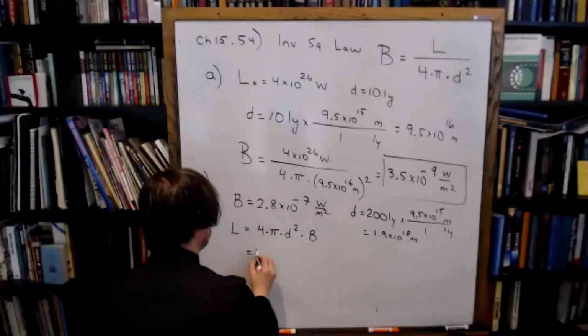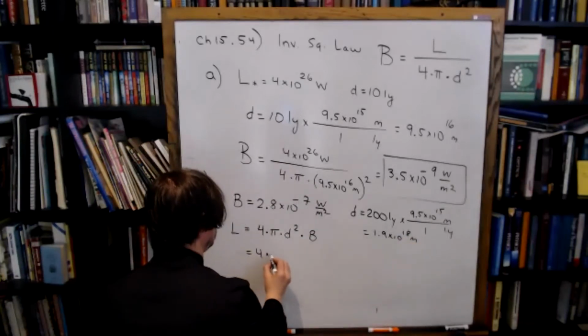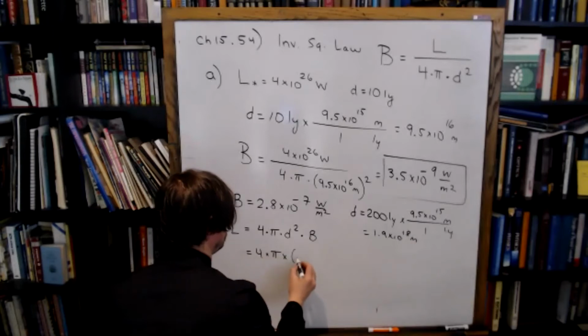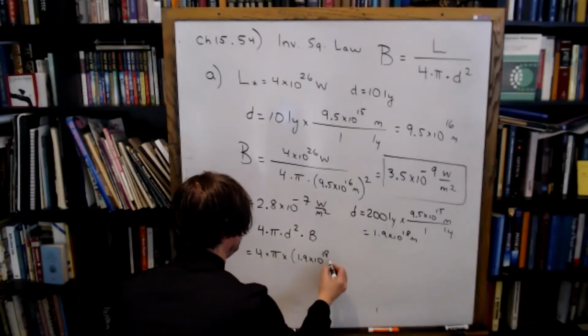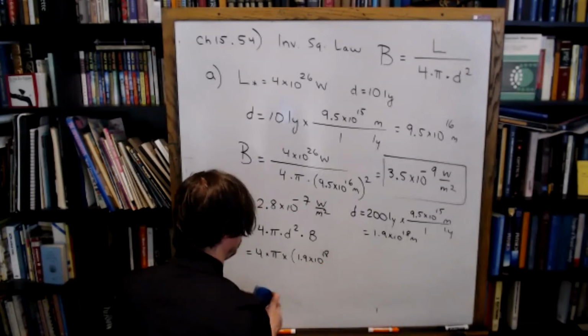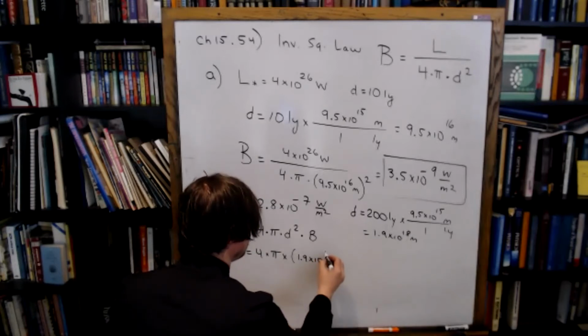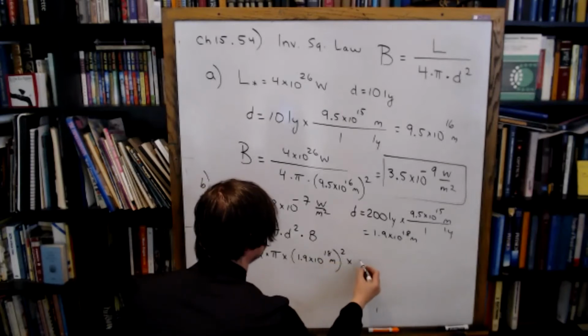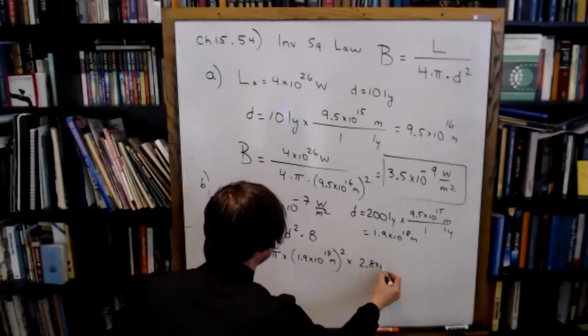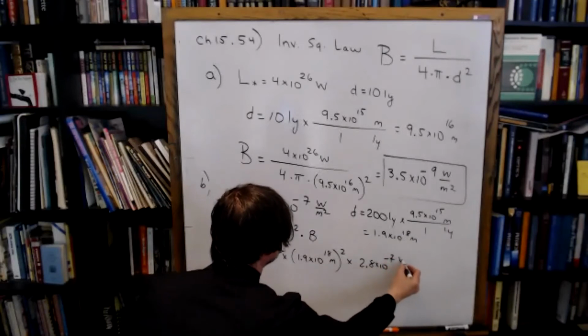So 4 times pi times 1.9 times 10 to the 18 meters squared times 2.8 times 10 to the minus 7 watts per square meter.